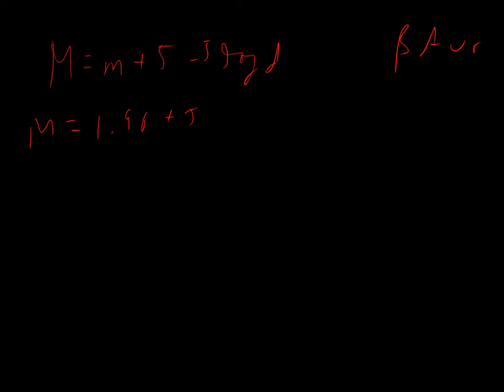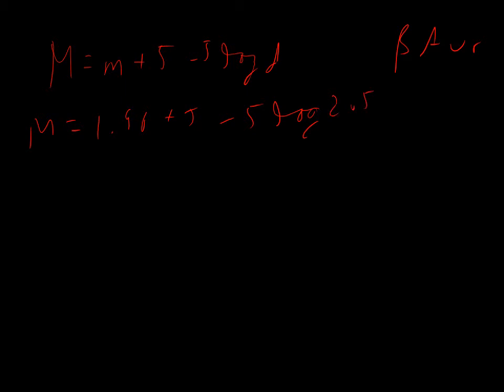So for Beta Aurigae, absolute magnitude is apparent magnitude plus 5 minus 5 log d. So this is my Beta Aurigae star. From the numbers that we had before, that's going to be equal to 1.9 plus 5 minus 5 times the log of 2.5.